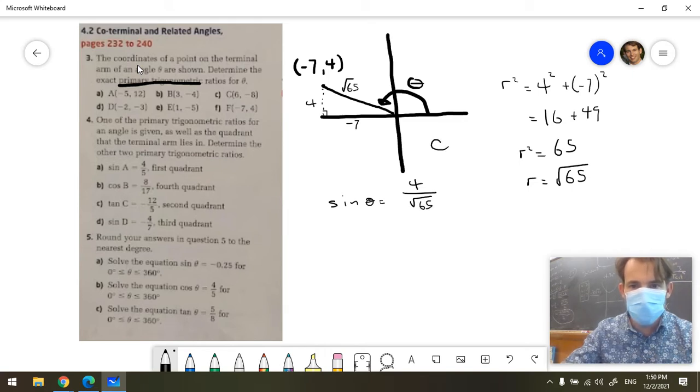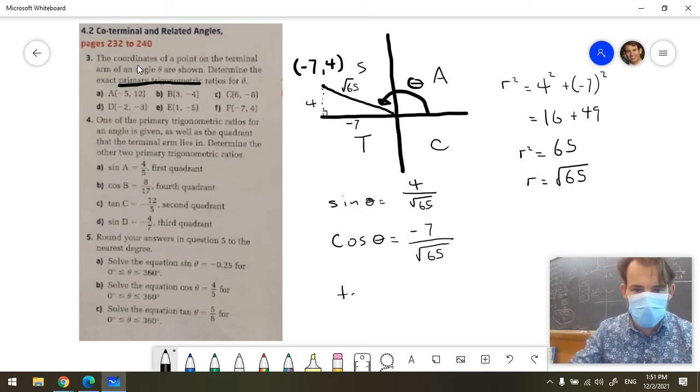And because of my CAST rule, I know that sine is positive, so I shouldn't be surprised there. Cosine theta is equal to negative 7 over root 65. That should be negative, because it's not in the positive area for cosine over here. And then tangent, this is the only one where we don't need root 65. It's 4 over negative 7, but writing it this way is much nicer. Good, so that answers the question there.